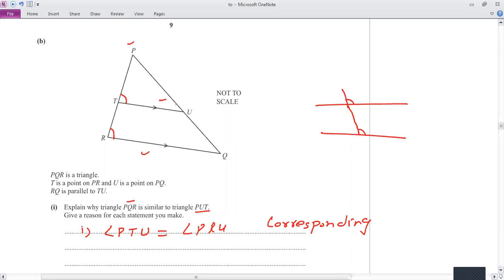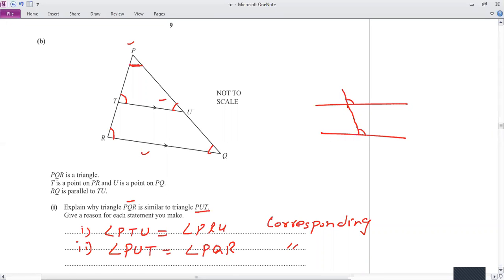Secondly, this one and this one will be the same. Again, same reason. So you can say angle PUT is equal to angle PQR. Same reason: both are corresponding because they are between the parallel lines. Third reason: this angle is the same for both triangles.